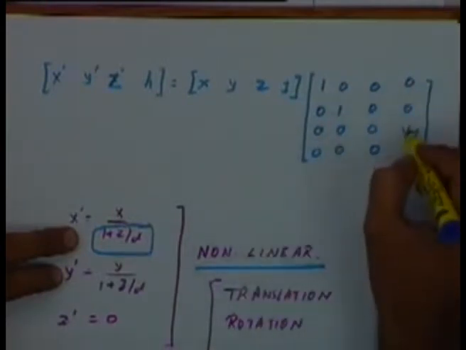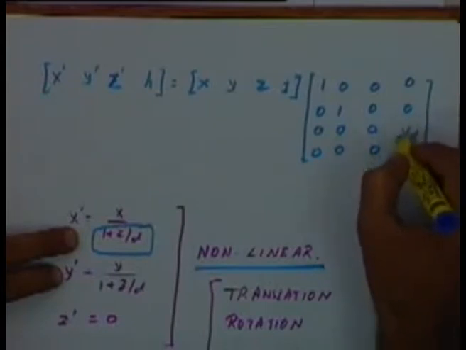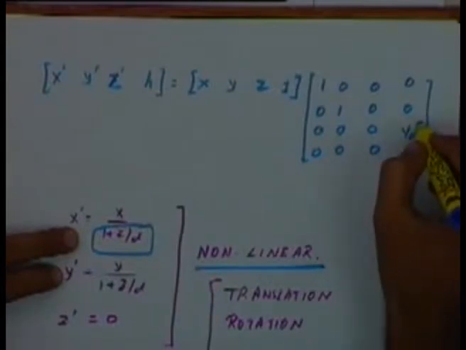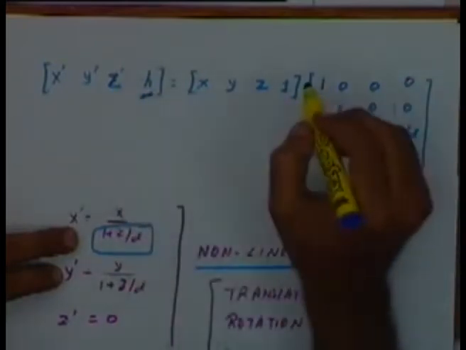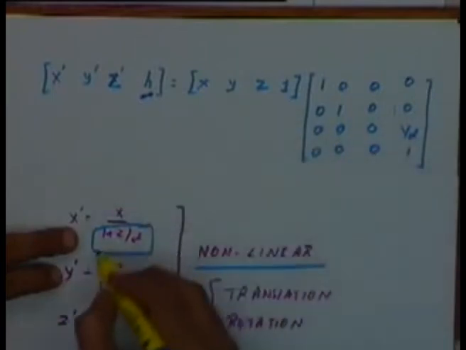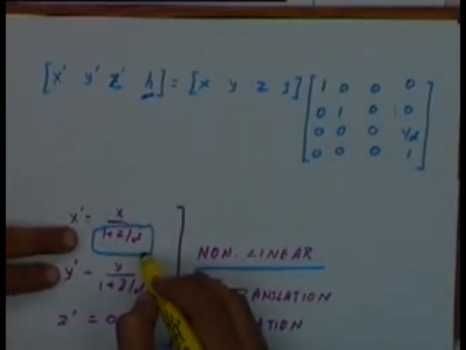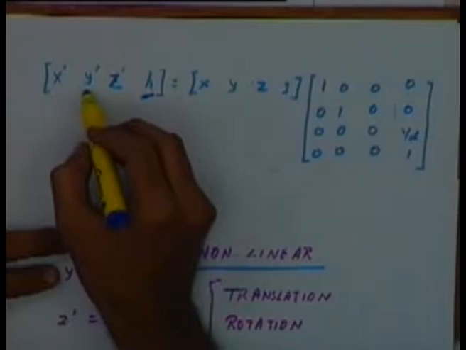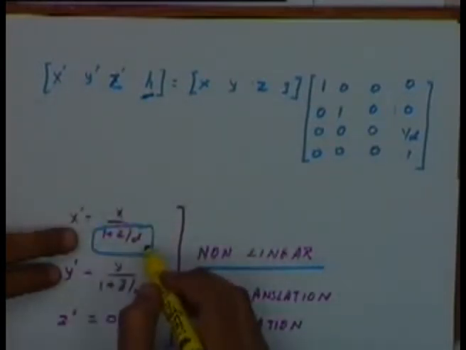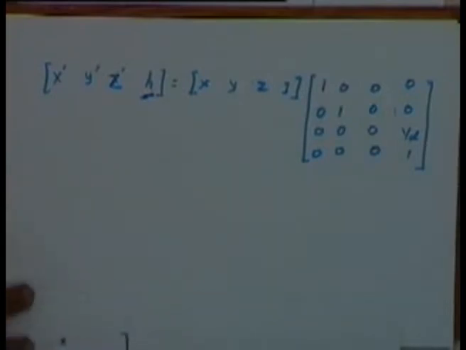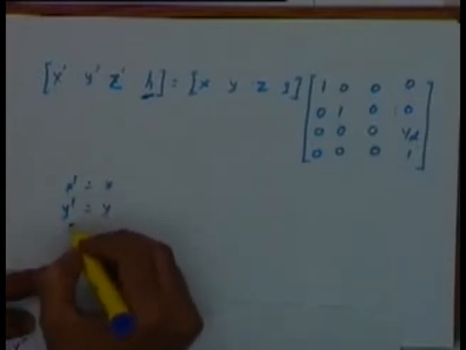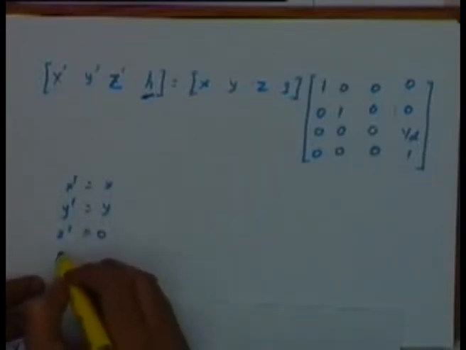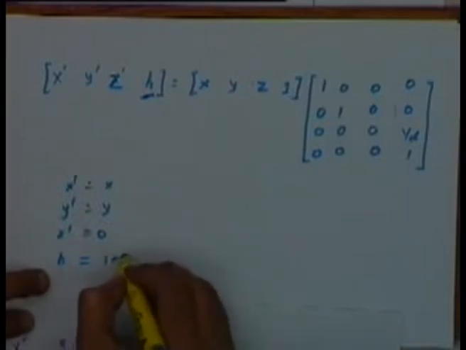Okay, this way by having a 1 by d term here, we will get the homogeneous coordinate to be equal to 1 plus z by d, and effectively both x prime and y prime will be x divided by 1 plus z by d. If you look at this, we will get x prime equal to x, y prime equal to y, z prime equal to 0 and h equal to 1 plus z by d.